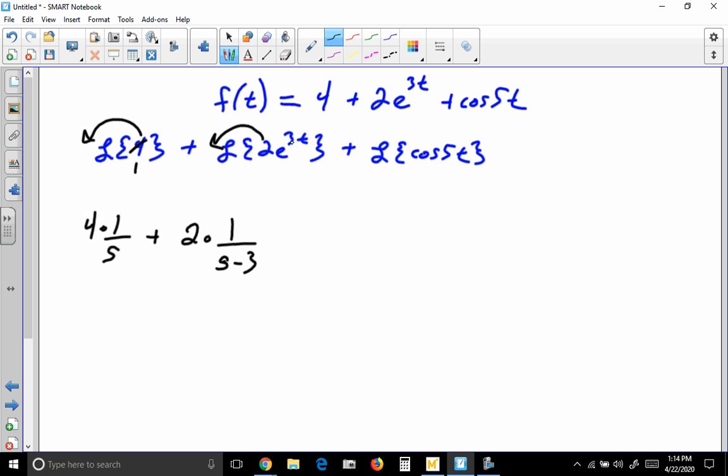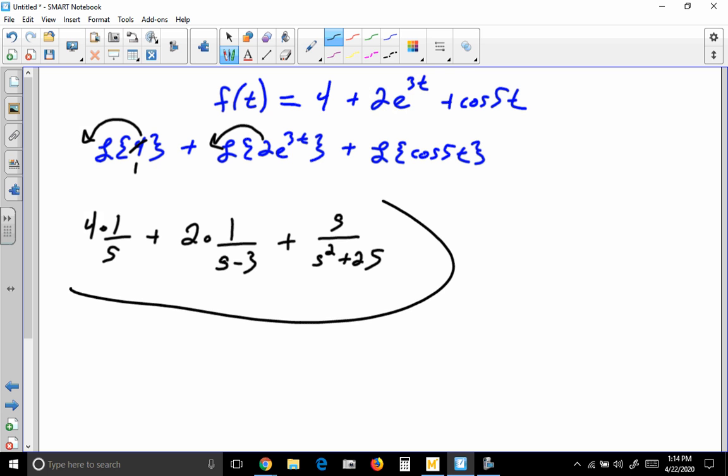That's our a, our coefficient of t, so it's s minus that number. And then the transform of cosine 5t is s over s squared plus that coefficient 5 squared. So that's our transformation. That's way quicker than having to integrate those separately and then take the limits of those separately.